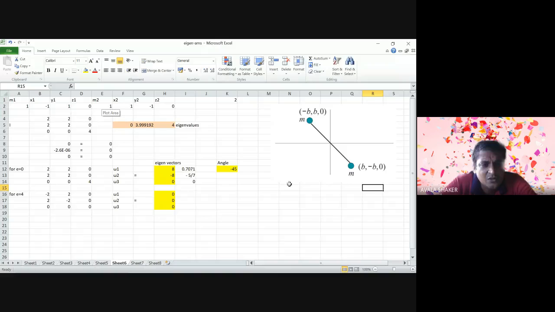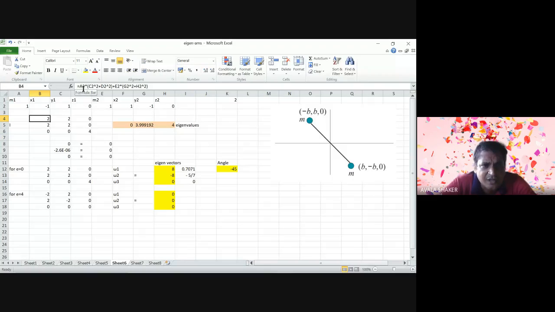Since there are only two masses, the coordinates are -1, 1, 0 and 1, -1, 0. So what you're going to do is calculate the moment of inertia tensor. We know how to do that.